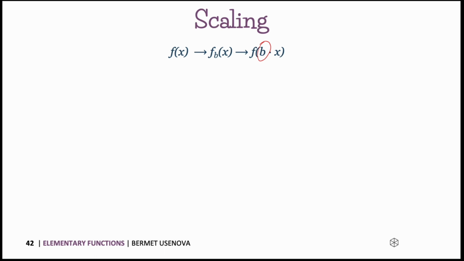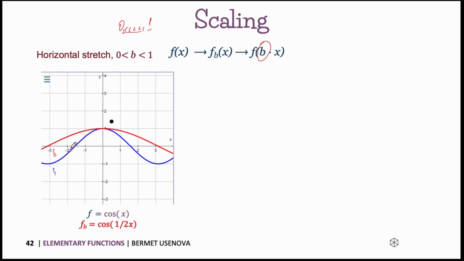The graph also looks a bit different. The stretch and compression in this case will be not vertical but horizontal. For example, for b from 1 to 0, it will look like this. It will go to a horizontal stretch. Here we have cosine instead of sine. So here we have a coefficient which is smaller than 1, and it stretches horizontally in this direction.